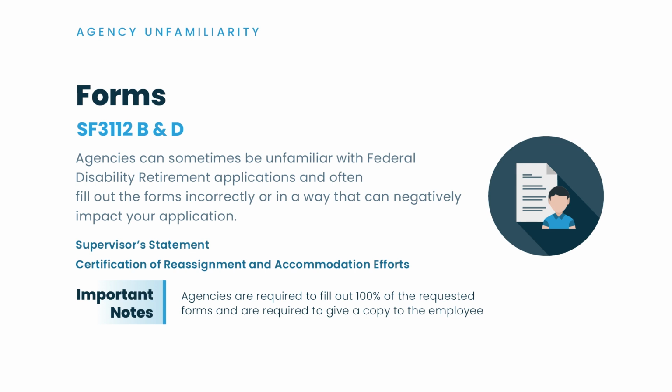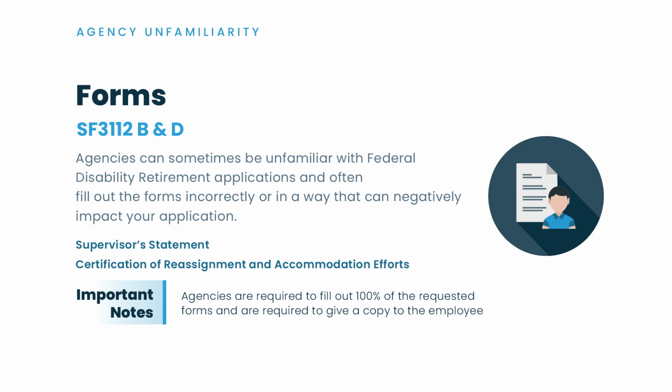That's very true. And also I want to note that a bad agency form is not the death of an application. Not only can you rebut the evidence found in a 3112B or D with supportive medical evidence or perhaps updated accommodation requests, also through the appeals process, eventually at a second level of appeal to the Merit Systems Protection Board, you can technically get your agency to potentially respond a second time if needed.